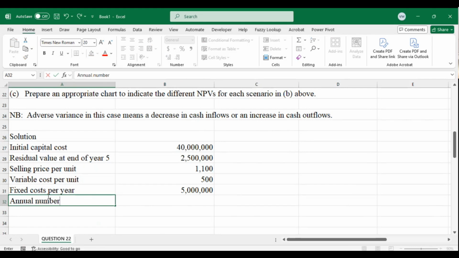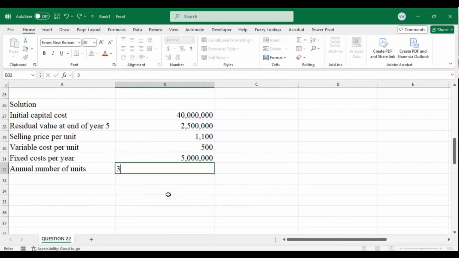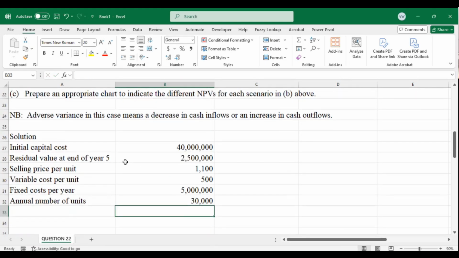You should not mix text and numbers within the same cell, not unless you're writing normal text. But if you have to distinguish a number from a text, then the annual number of units should be the text value, and the actual number, which is 30,000, is the numeric value, and that should be presented separately.